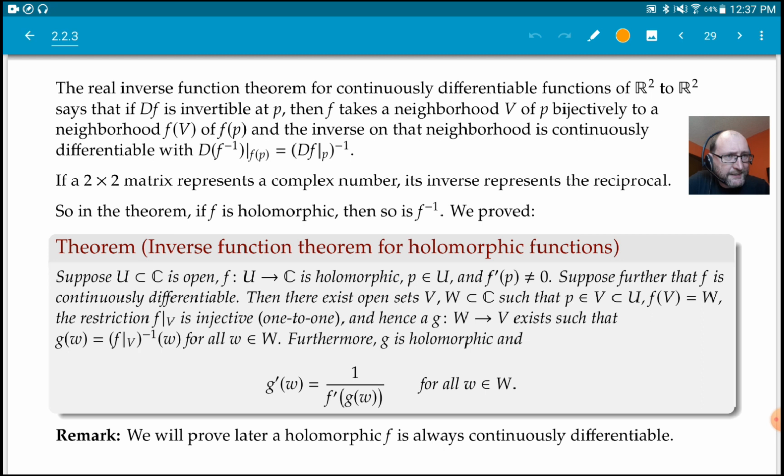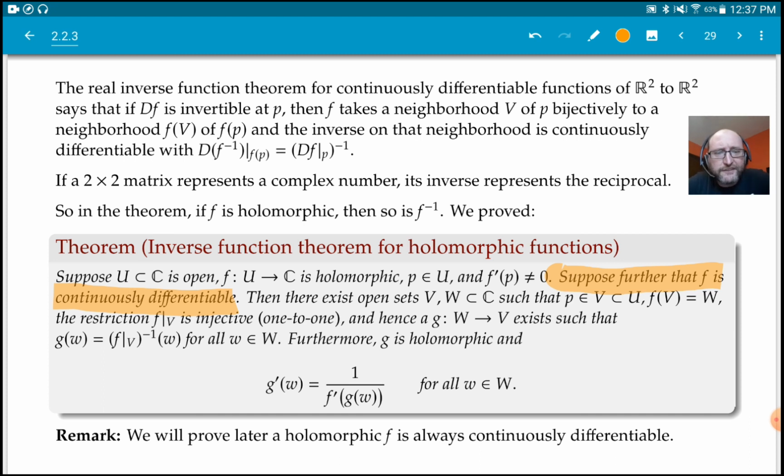It's basically just like the inverse function theorem for real functions. Now, we will later prove that this hypothesis is unnecessary. Any holomorphic function will automatically be continuously differentiable. Right now, we haven't proved that yet, so that's why it's there. But we'll prove that that's not necessary.